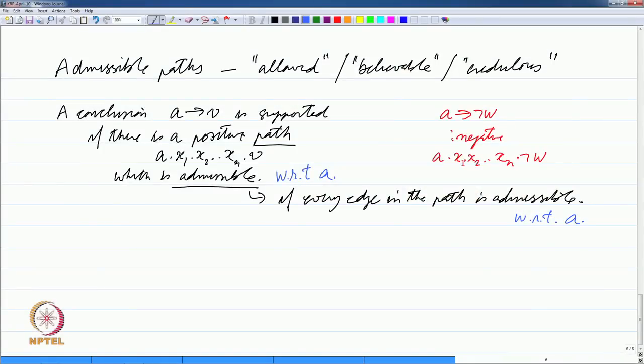So, now we are talking about an edge, let us say x n dot v or x n dot not w. They are treated in a similar fashion, whether it is a negative edge or a positive edge.